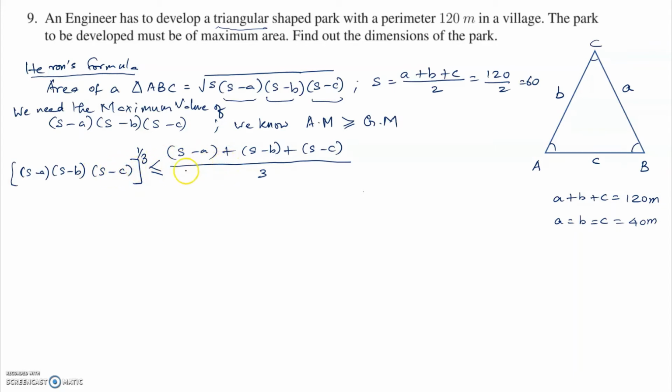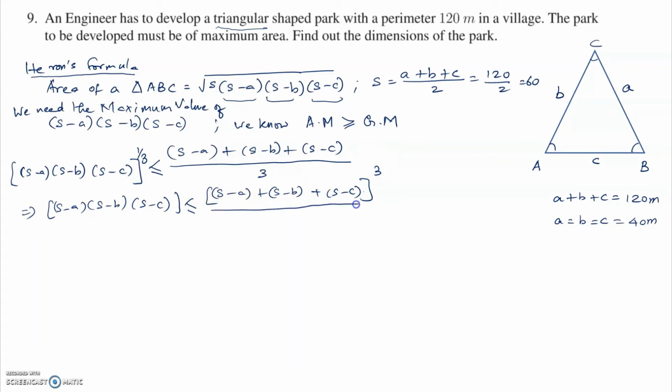So from this relationship, we can say that S minus A into S minus B into S minus C will be less than or equal to, if I make a cube on both sides, so this 1 by 3 will become to the power 1, the numerator S minus A plus S minus B plus S minus C to the power cube divided by 3 cube, which is nothing but 27.